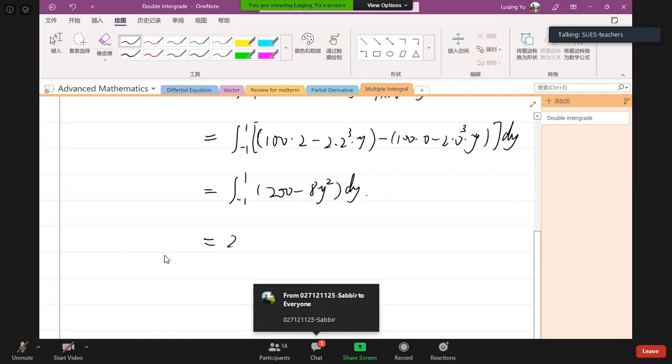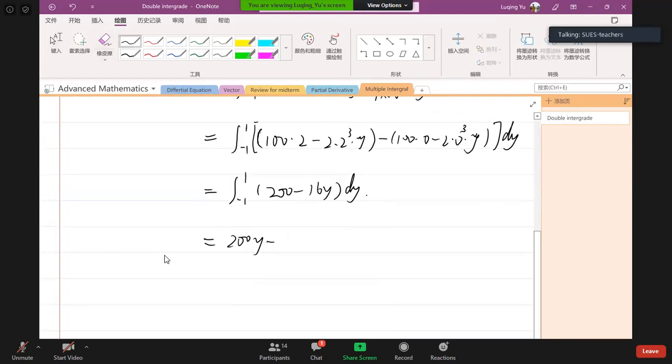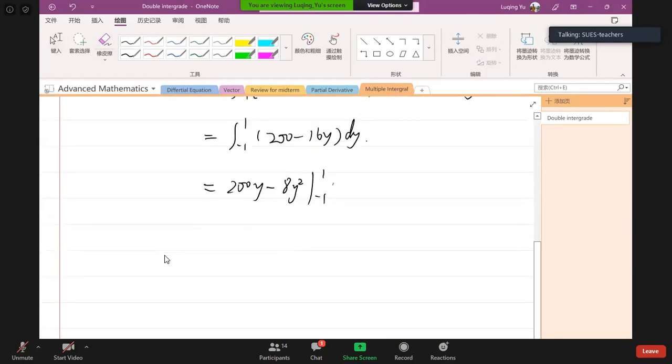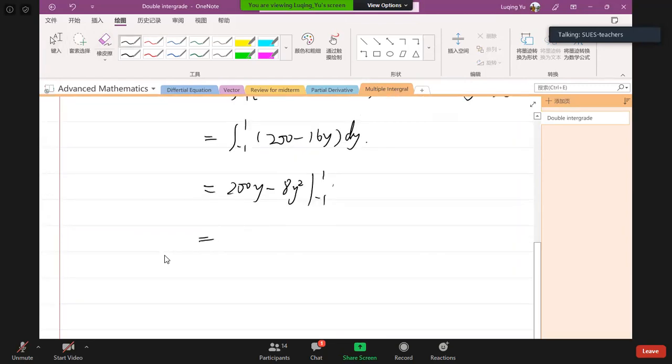Here is 200y, and oh no, I'm sorry, I just made a mistake. Here is 16y minus 8y squared over -1 to 1. Right, then let's see, so what we have is this equals 400.